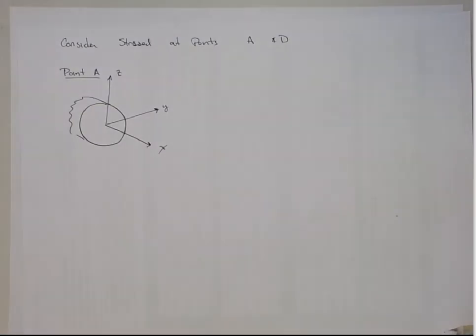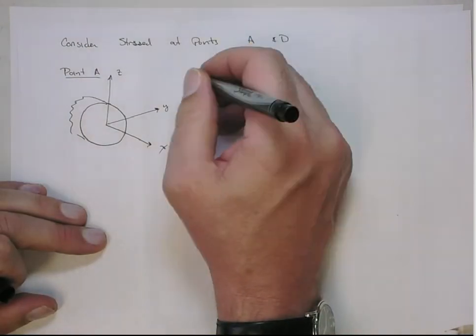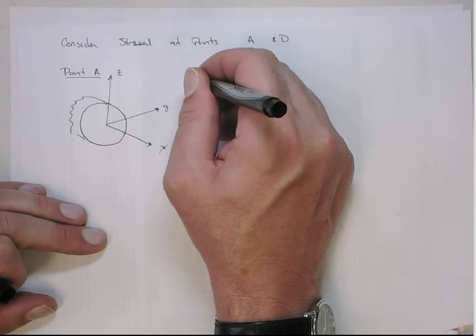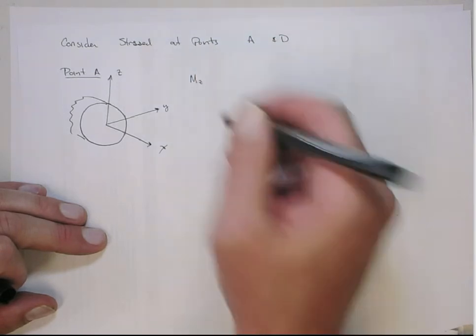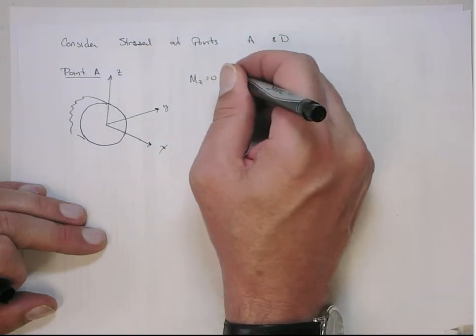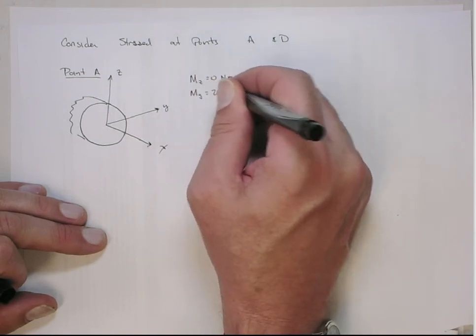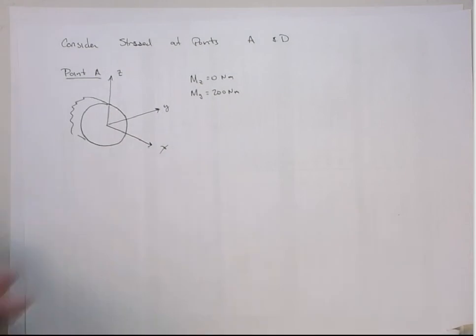All right. So at this point, we know that we have a bending moment about the z-axis equal to 0 Newton meters, and the bending moment around the y-axis is 200 Newton meters.